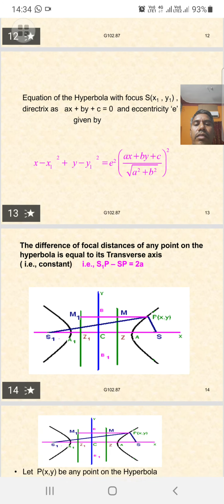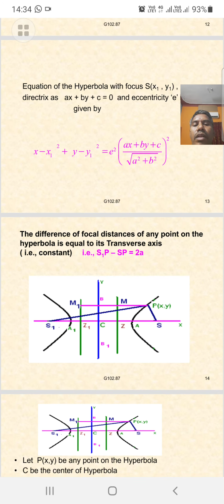And the focal distances, here the difference is equal to the transverse axis.